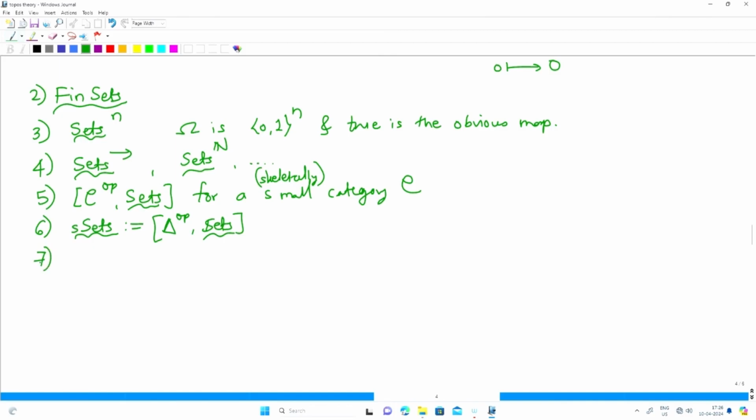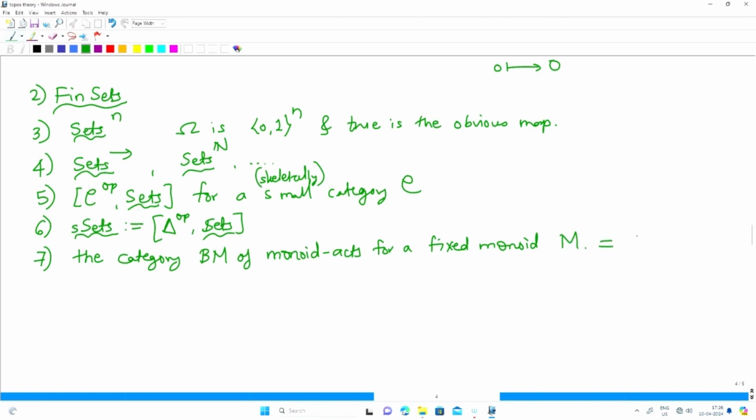Then the seventh example, which you shouldn't find surprising at all, is the category BM of monoid acts for a fixed monoid M. Monoid acts, what is the category actually? It is the functor category.